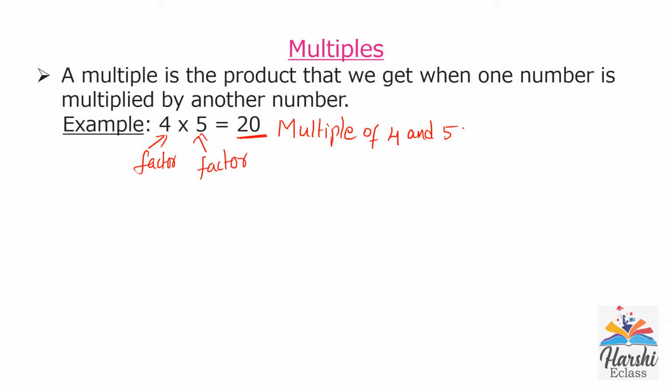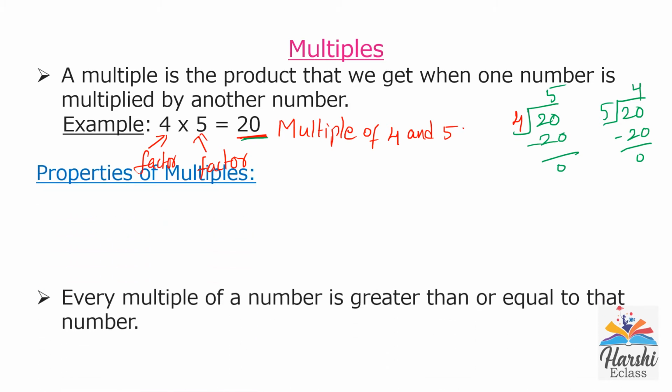We know that factors are nothing but the numbers which divide the given number without leaving any remainder. 4 can divide 20 without leaving any remainder. 4 fives are 20. 5 also can divide 20. 5 fours are 20. So 4 and 5 are the factors of 20 and 20 is a multiple of 4 and 5.